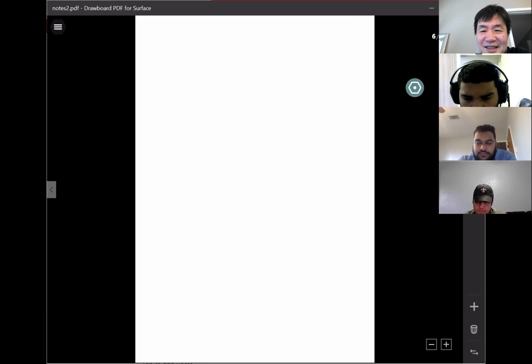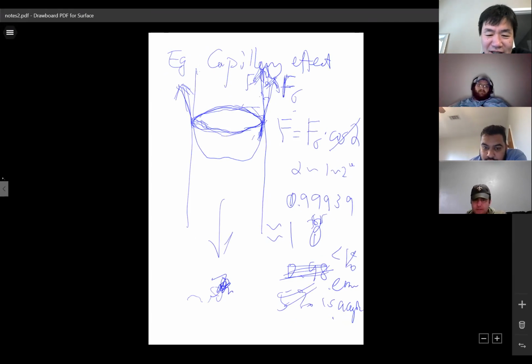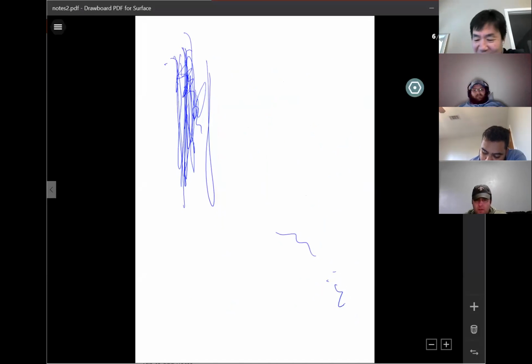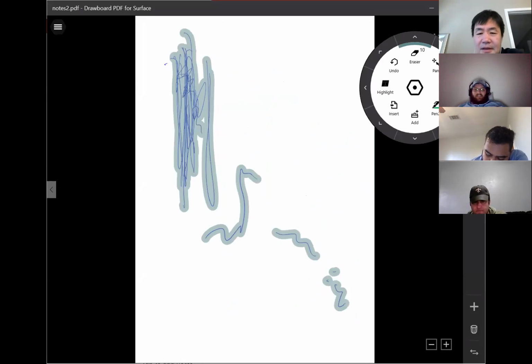Yeah, I can draw on the new page. Did your pen die? You see, my pen works on this page, but as soon as I go to the next page, it doesn't work. Oh, it works now. My computer is too slow now, I figured. Okay, let me erase these things.